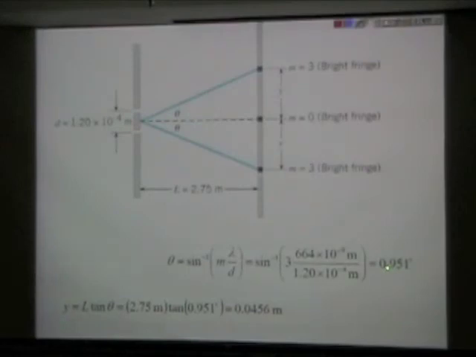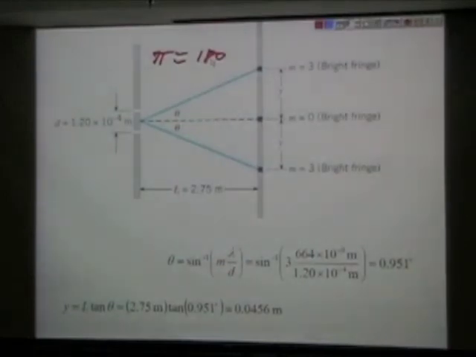This is 0.951 degrees. So if you wanted to calculate this angle in radians, what would you do? What is the conversion factor between degrees and radians? Yes. So the conversion factor is 180 degrees equals pi radians.